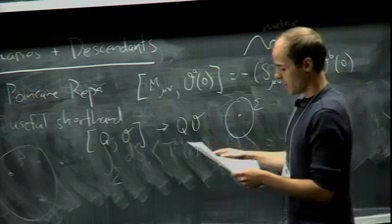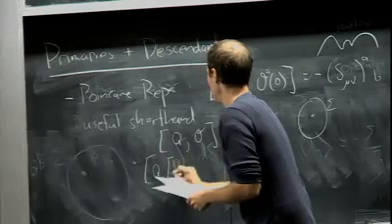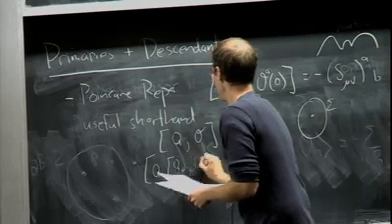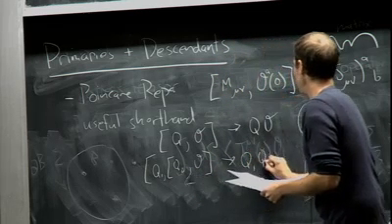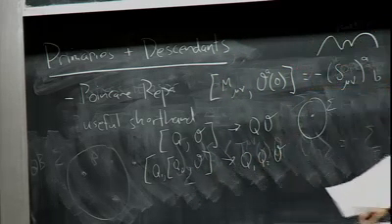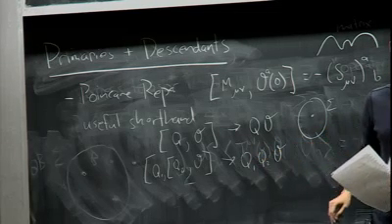Similarly, if I have some nested commutators, then this just becomes Q1 Q2 O. And in this language, I can freely use the commutation relations between these guys.